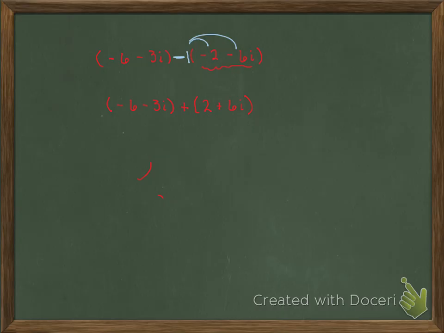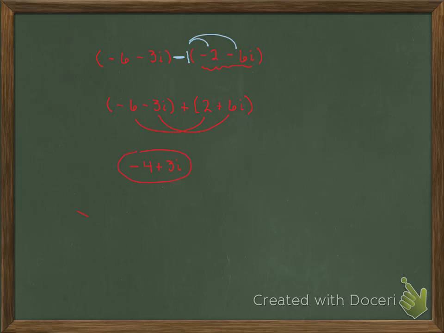Now that we've rewritten it, changed it from a subtraction to an addition, now we can just combine our like terms and add. So negative 6 plus 2 is negative 4. Negative 3i plus 6i is a positive 3i.